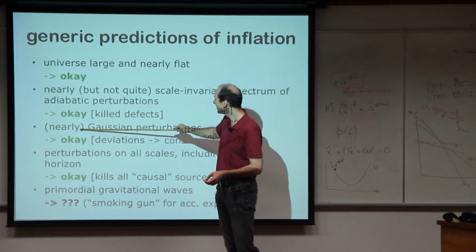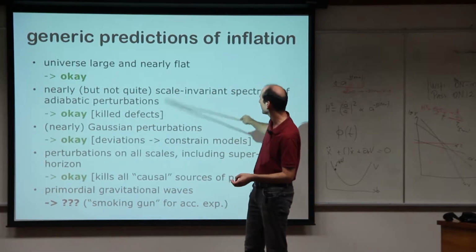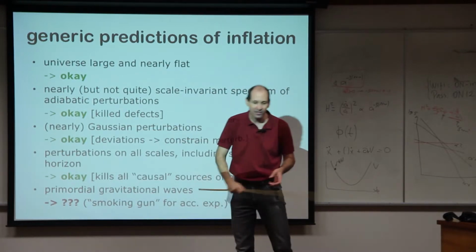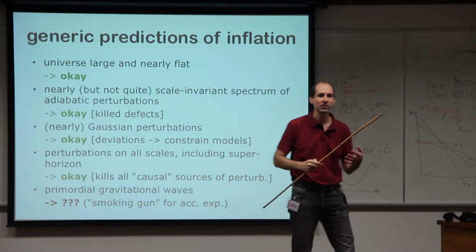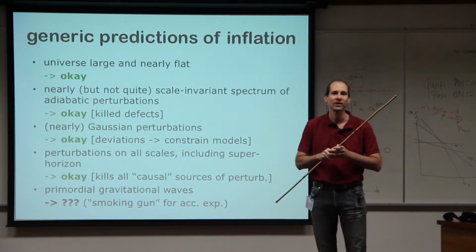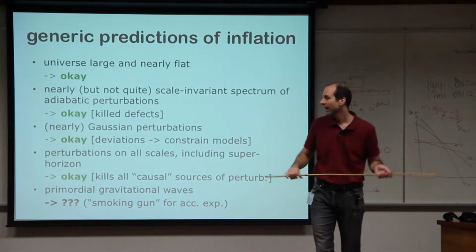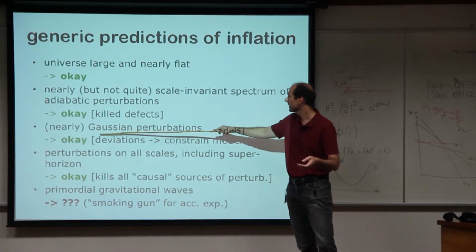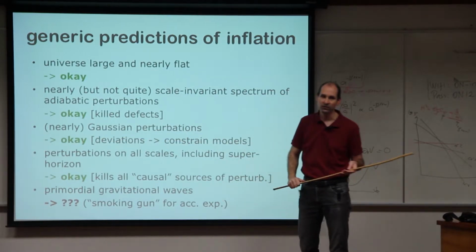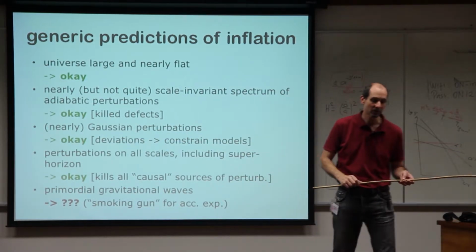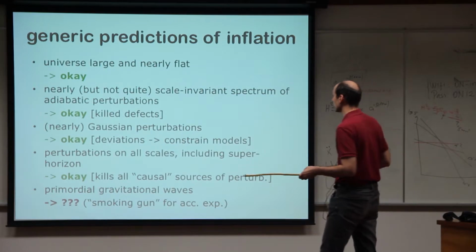Okay? One can also show that depending on the scenario, the statistics of the perturbations can vary, but typically in the simple models they are nearly Gaussian. And so then you can go and check. That was one of the things that the Planck satellite did, and the perturbations are very close to Gaussian.